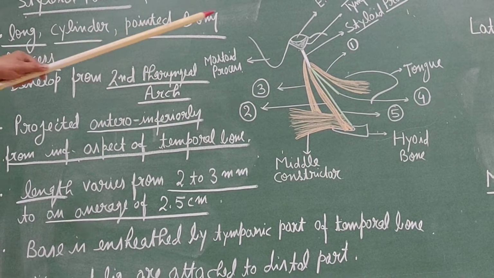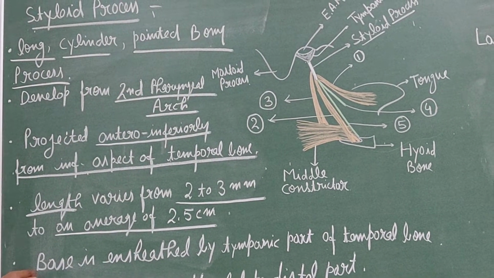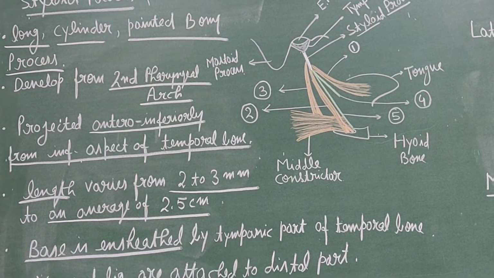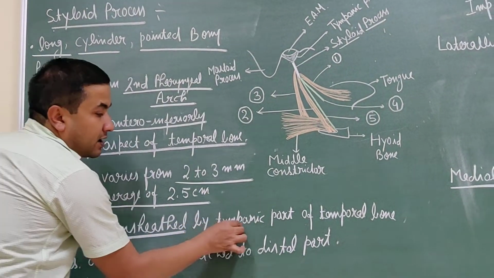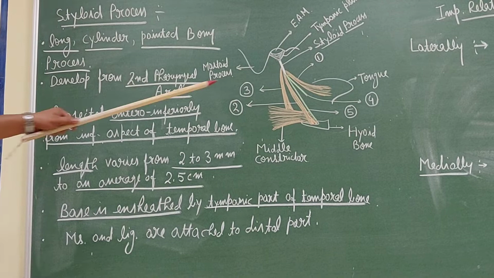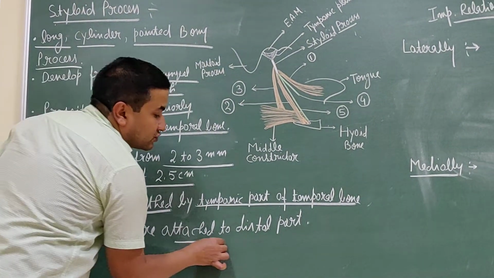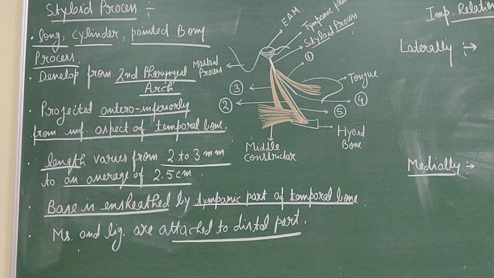The base, or the proximal part, of the styloid process is encircled by the tympanic part of the temporal bone, while these muscles and the ligaments are attached to the distal part.